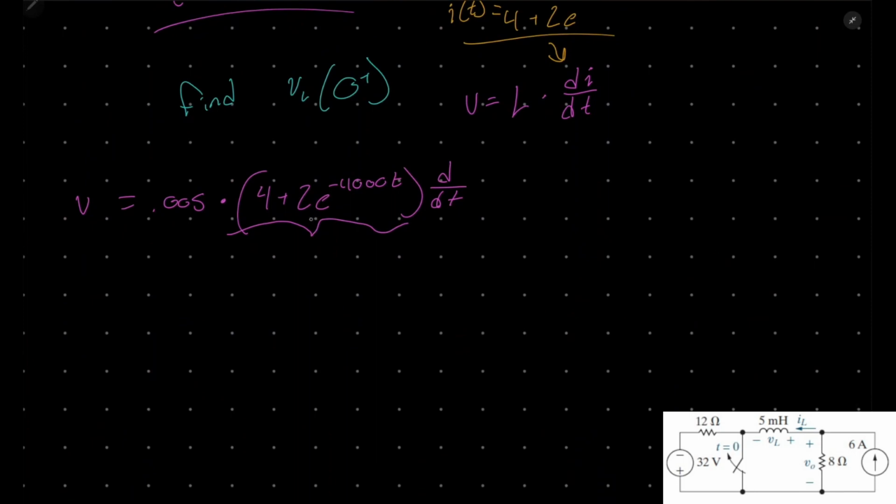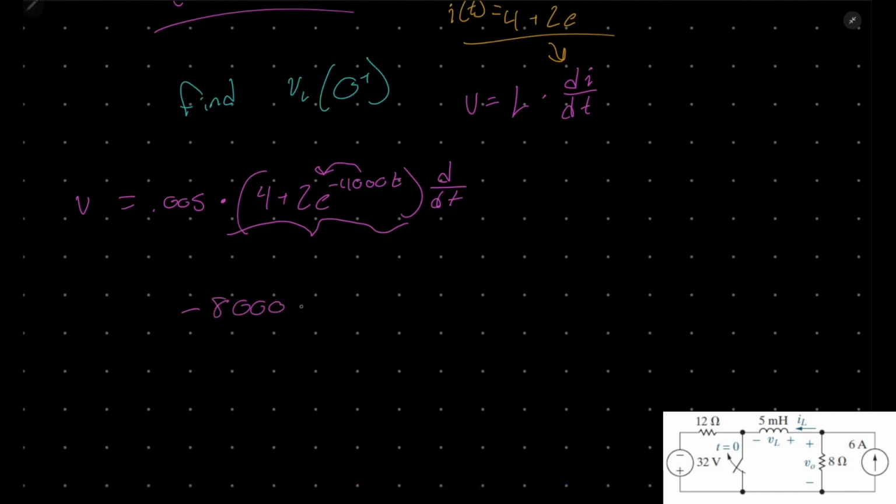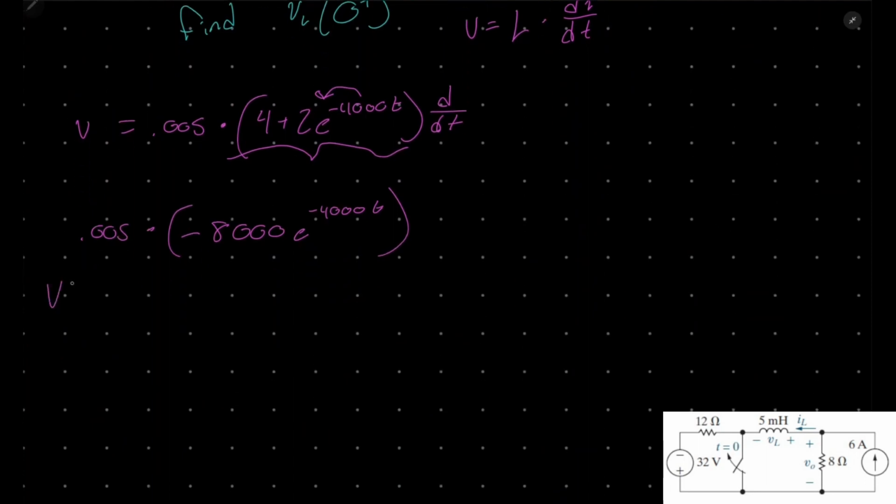And when we take the derivative of the exponent of our e, we bring down the 4,000 and multiply it by our 2, to get negative 8,000 times e to the negative 4,000 t. All of that times 0.005. Now we want our v right after 0, so we are going to plug 0 into our t.